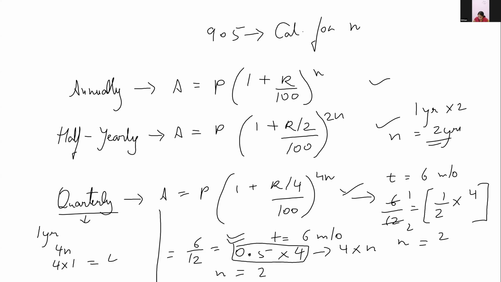So it becomes 4. That is if it is given in years. But if it is given in months, first you divide it by 12 and then multiply it by 4. That will give you your n.